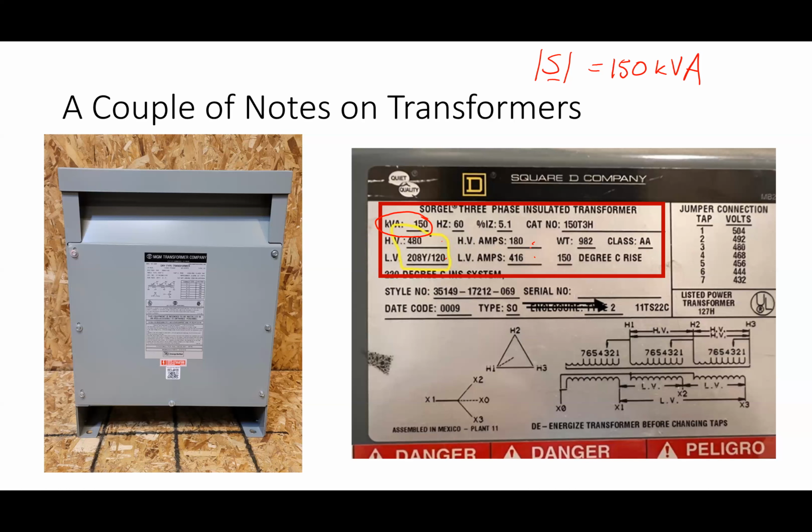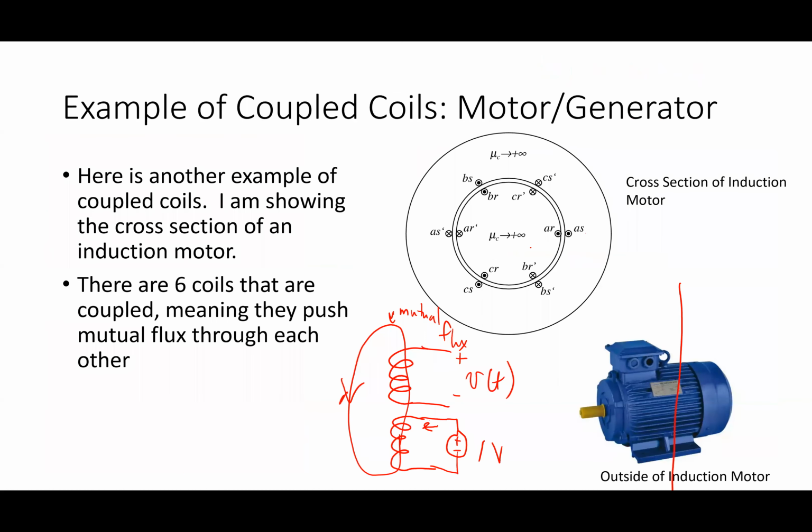What's true about the power in this thing? Whatever power I put in the primary is going to equal whatever power comes out on the other side, minus the losses. The losses come in the form of the core heating and the winding heating. So that's basic stuff that we would see in the real world.